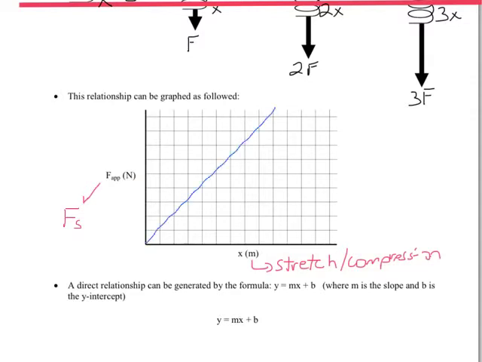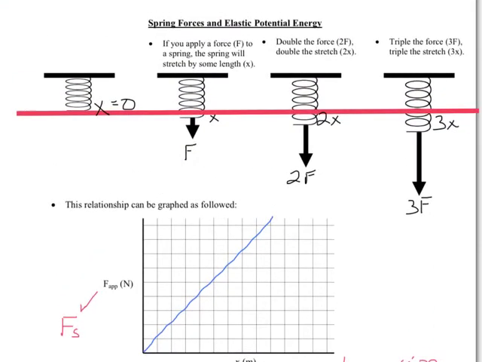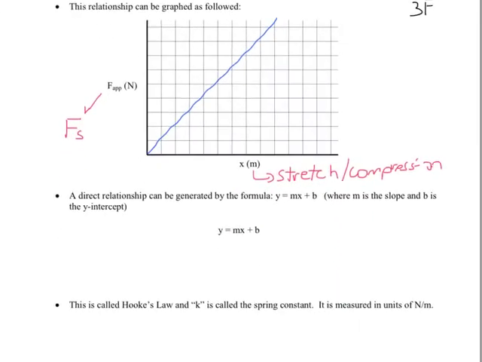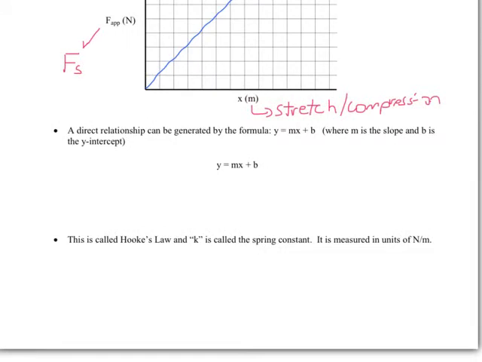And as you can see, the line does go through the origin, which has to make sense because if you apply no force on the spring, as we saw in the original diagram, there's no stretch or there's no compression. So let's just try this again. If you take a look at that linear relationship, we can write it in the form of an equation y equals mx plus b, where in this case y is the variable that you have on the y-axis, which in this case we're going to say is spring force.